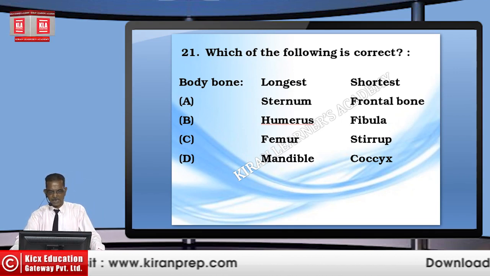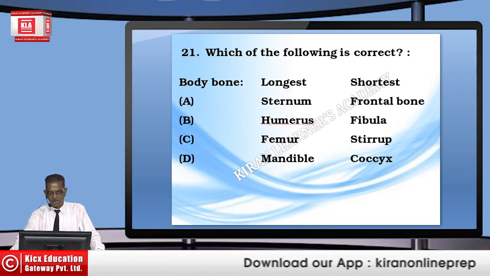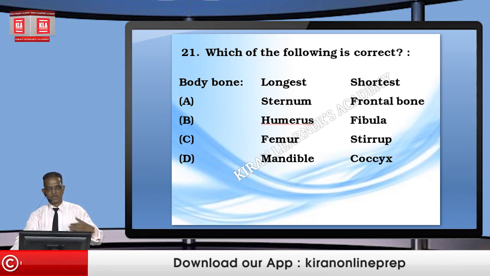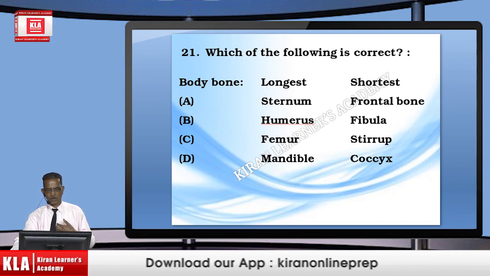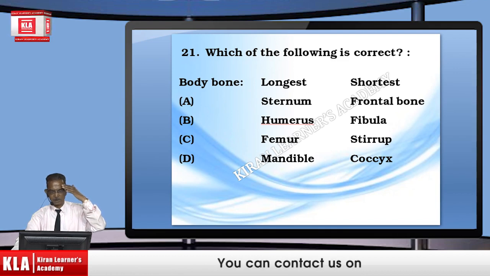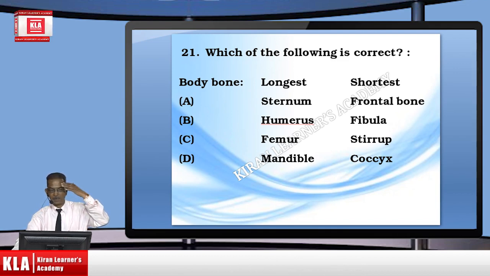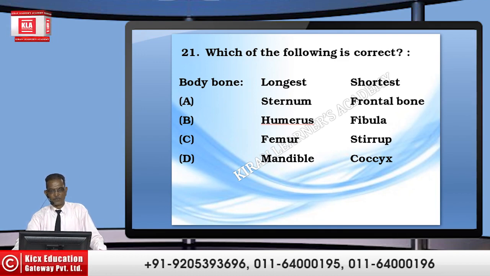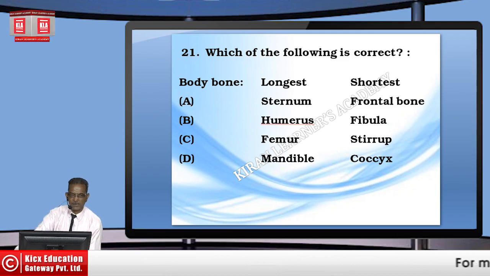Which of the following is correct? Longest and shortest. Sternum is the bone in the front here. Frontal bone is at the front, not the back. This forehead is the frontal part. Humerus and fibula. Humerus is in the hand. Fibula is in the lower leg.